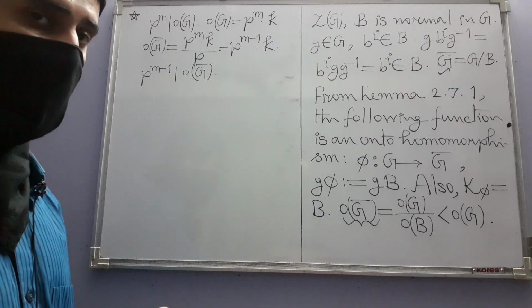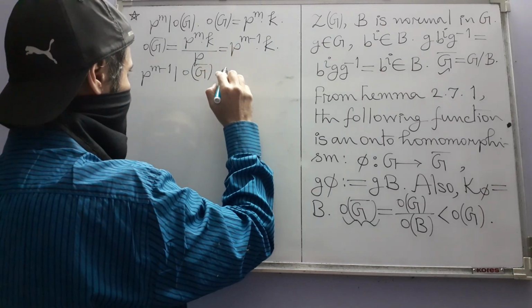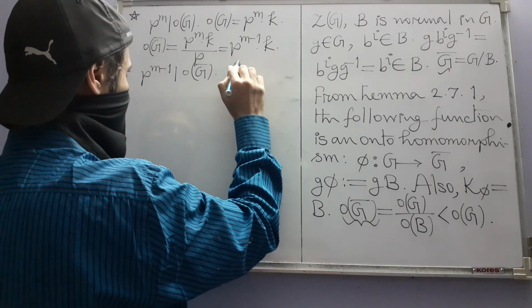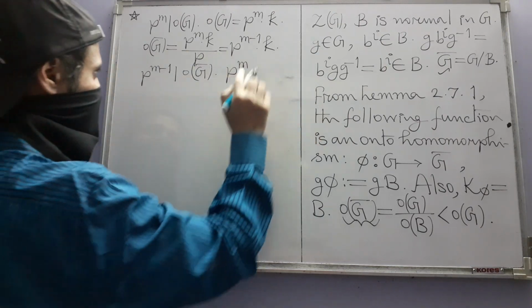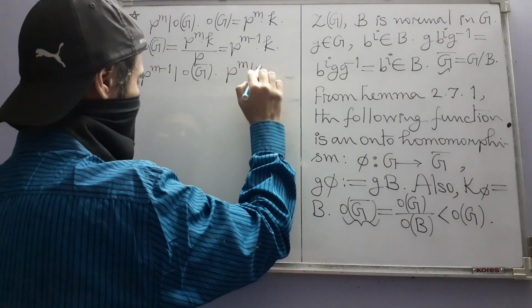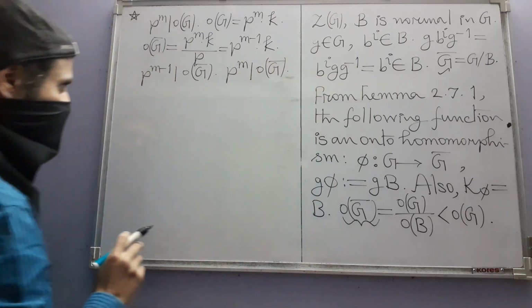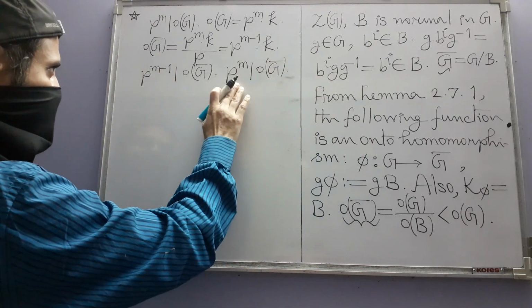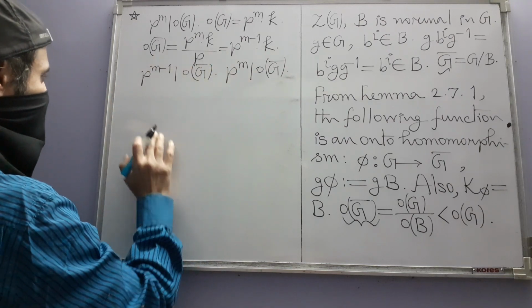Can a higher power of p divide the order of G bar? Suppose p to the power m, the next higher power, divides the order of G bar. What will go wrong? We don't want this to happen and it won't happen, but say this happens, then what will go wrong?